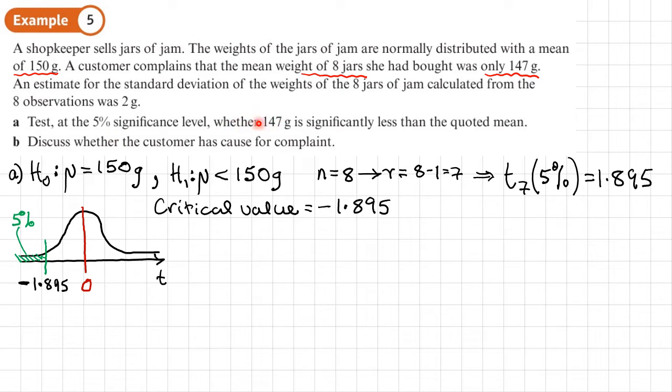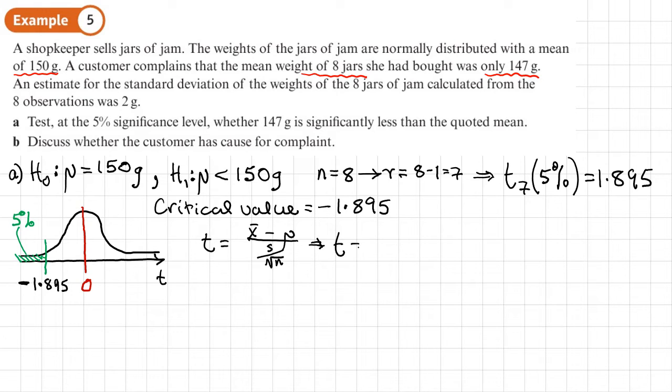I now need to see whether the t value that goes with this sample mean value is in this critical region. So this is where I use this formula: t is equal to sample mean minus the population mean divided by s over the square root of n.